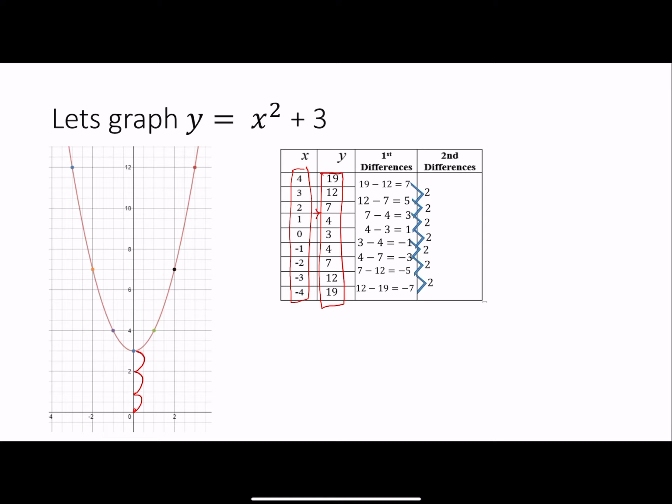But the easier way would have been to find the vertex. And now we have a step pattern. My next point is going to be 1 step, 3 steps, 5 steps in both directions. 1, 3, 5. And now we have a quick way to draw our parabola.